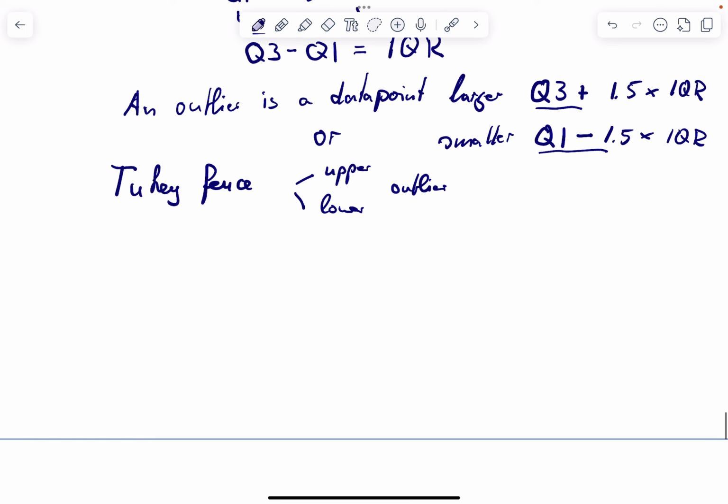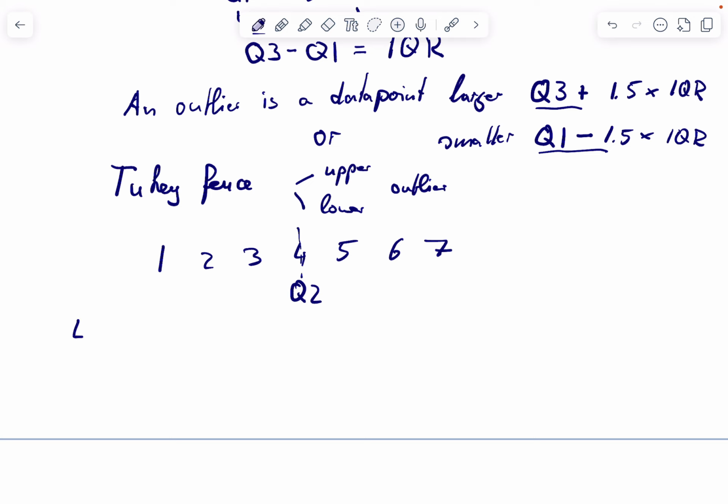So let's have a look at a simple data set. 1, 2, 3, 4, 5, 6, 7. That's our very basic data set. We can calculate the median, so that would be our Q2. And now we can also calculate the median of the lower half and the median of the upper half. In a previous video I showed you two different methods, the inclusion and the exclusion method.